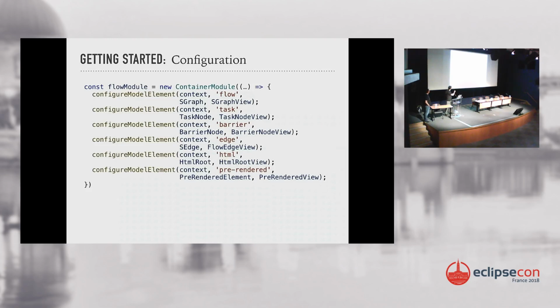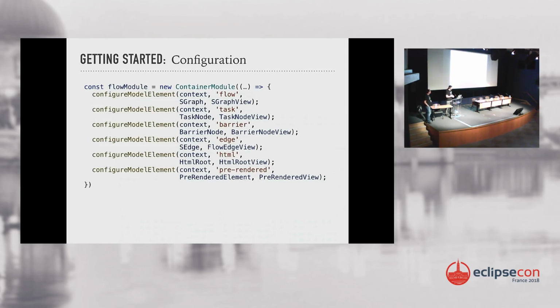We can describe dependency injection modules, and that gives you the ability to fine-tune and customize every single aspect of the Sprotty application. Every class that comes with Sprotty is configured with dependency injection, so you can just replace it with your own implementation. It's like a subclass that somehow changes the default behavior.